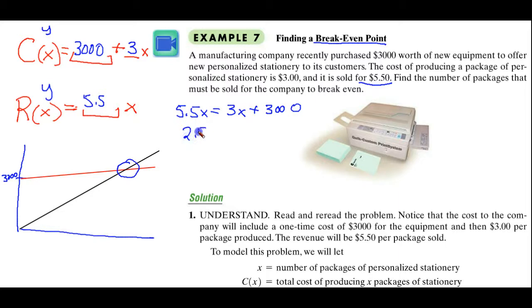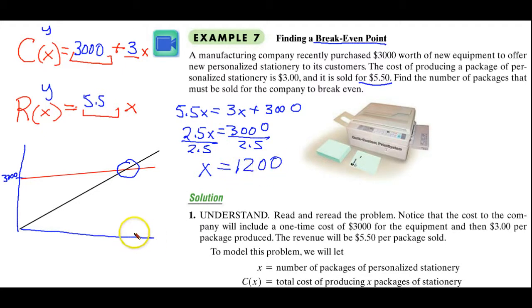We get 2.5x equals 3,000. We're going to divide both sides by 2.5. And we're going to get x equals, and I'm going to get my little calculator out here. And x equals 1,200. Now, what is the significance of that 1,200?